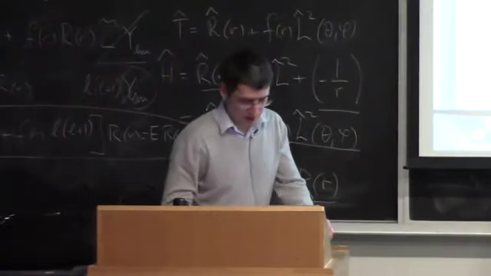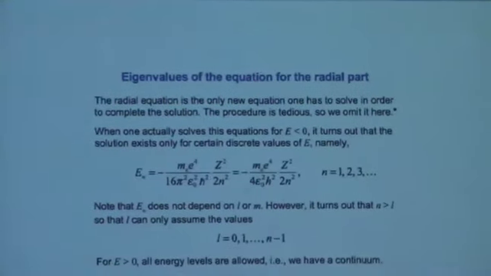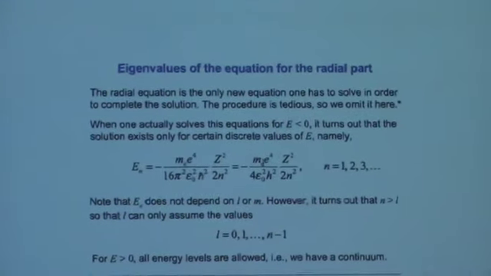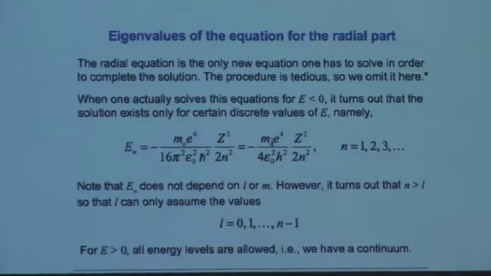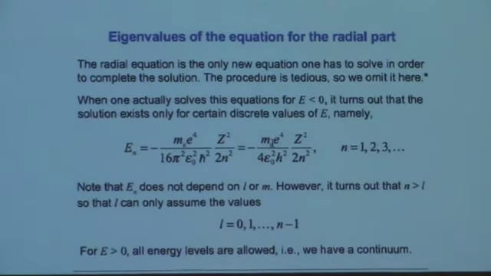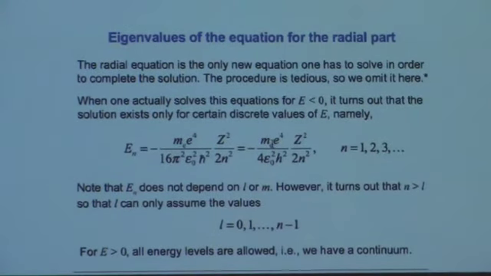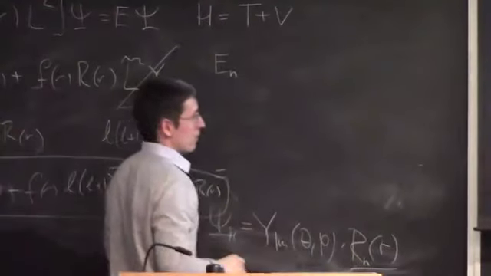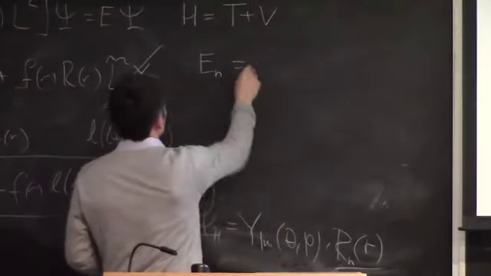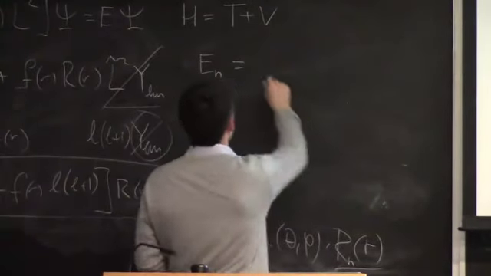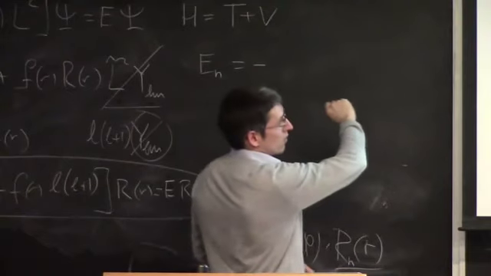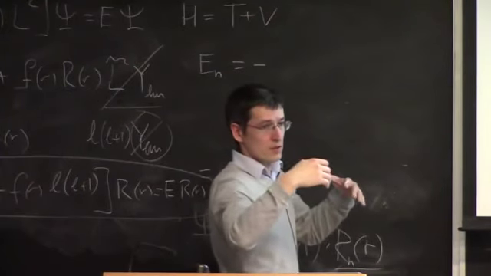Now what do we have here? A bunch of constants right here, which all become 1 in atomic units. So I'll just clarify what the energies are. Energies depend on n, and they look like minus, because everything is below 0.